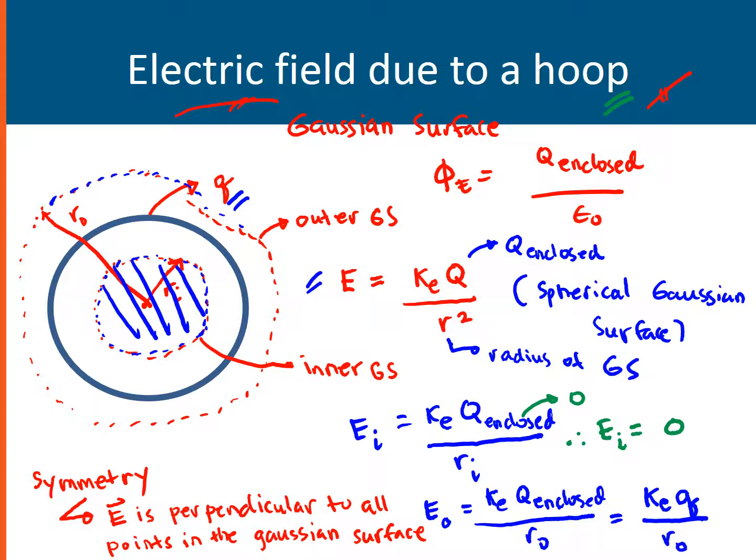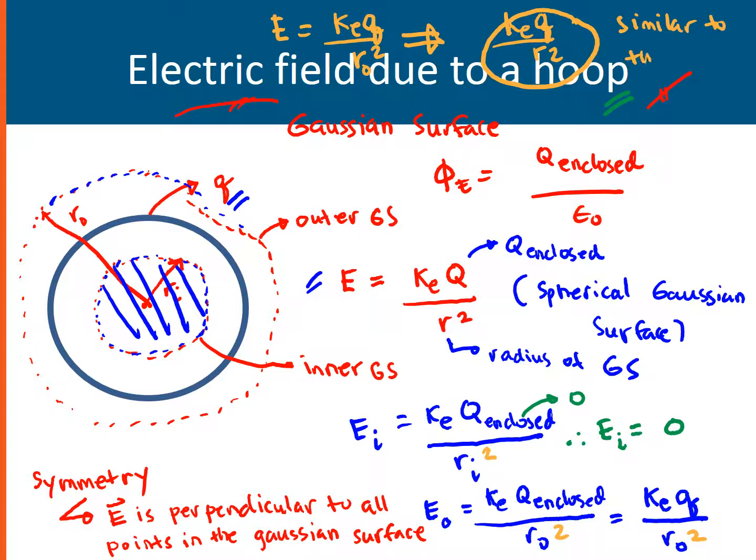So in fact, the electric field due to a hoop is just equal to Ke Q over R squared.